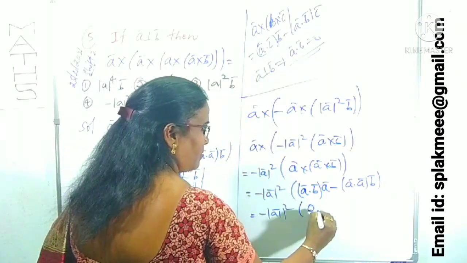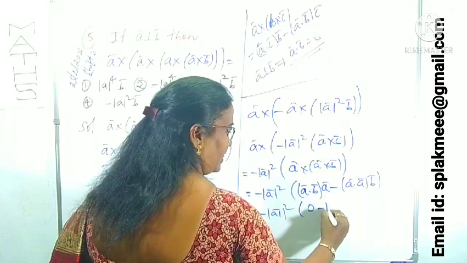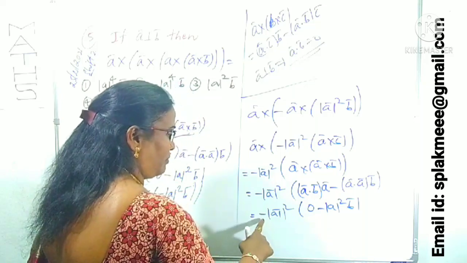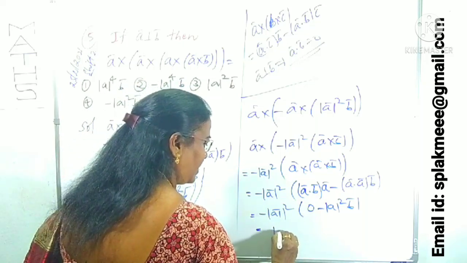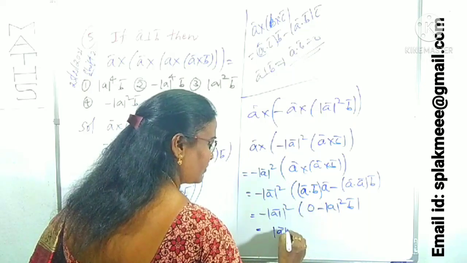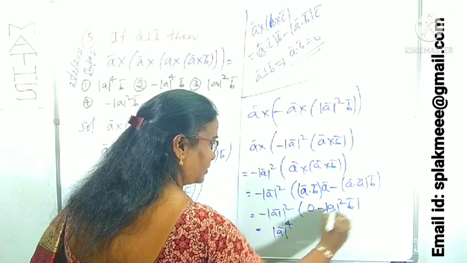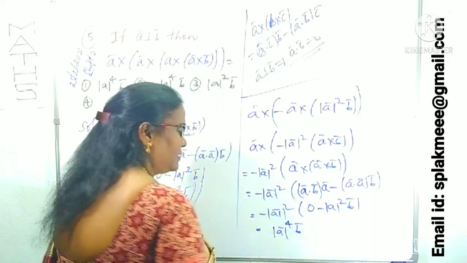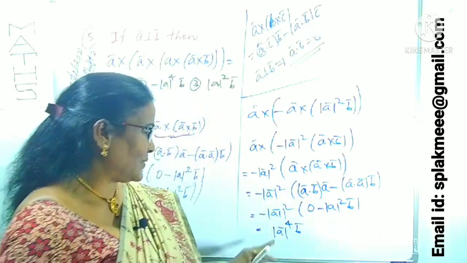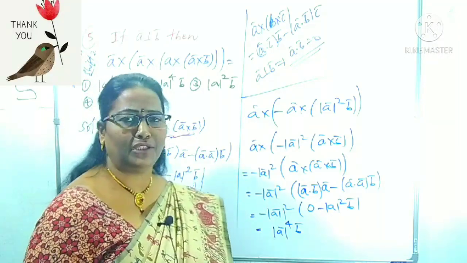So this is 0, minus A dot A, which is mod A whole square, into B bar. Finally, minus into minus is plus, mod A whole square into mod A whole square is mod A whole power 4, into vector B bar. That's it, very simple. Is it clear? So simply it is mod A whole power 4 into B bar.